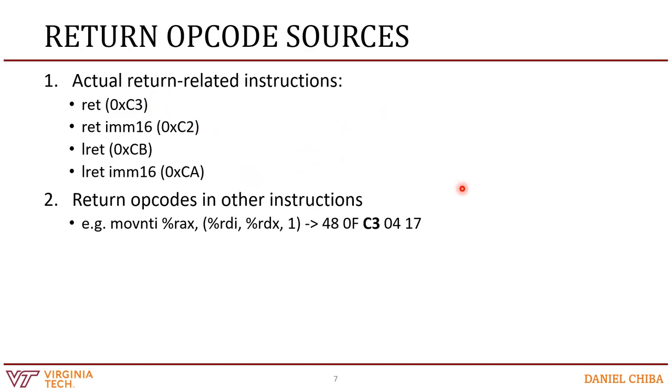So if you have 2, 3, 4 byte instructions, somewhere within those instructions could be one of the return opcodes, and it's possible to jump to positions in the code in such a way that maybe 480F is one instruction and then C3 is a different instruction.